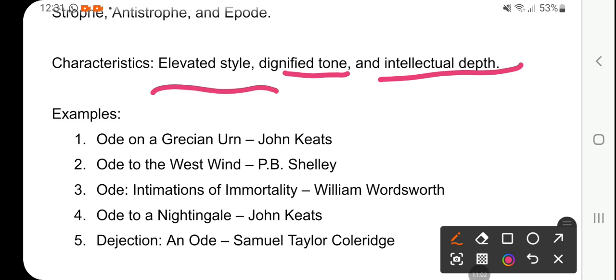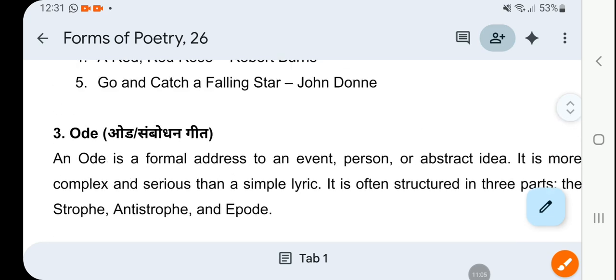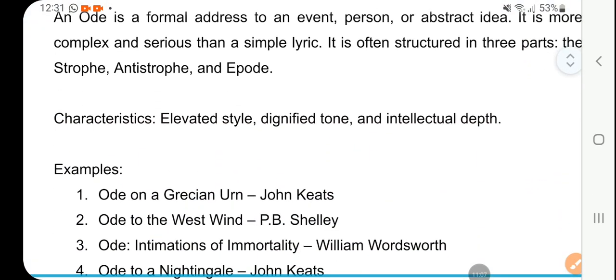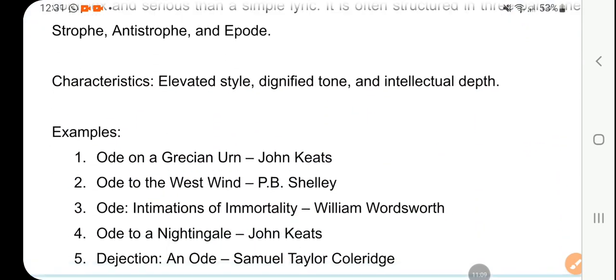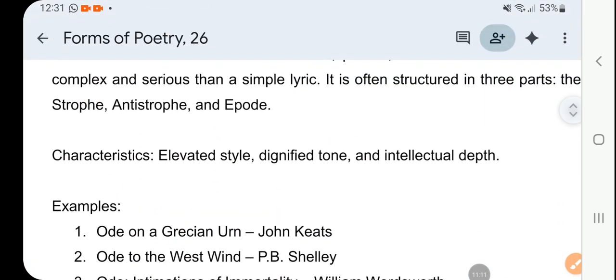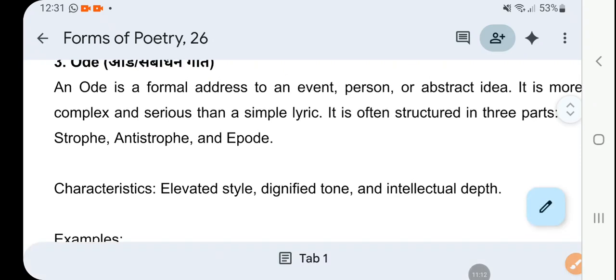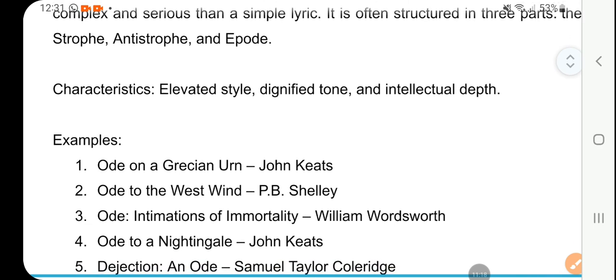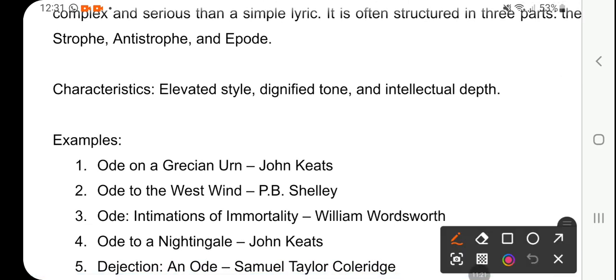Sorry, I'm extremely sorry. An ode is a formal address, and it is very complex and serious compared to a simple lyric. And you have to remember the structure of the ode, that is strophe, antistrophe, and epode.